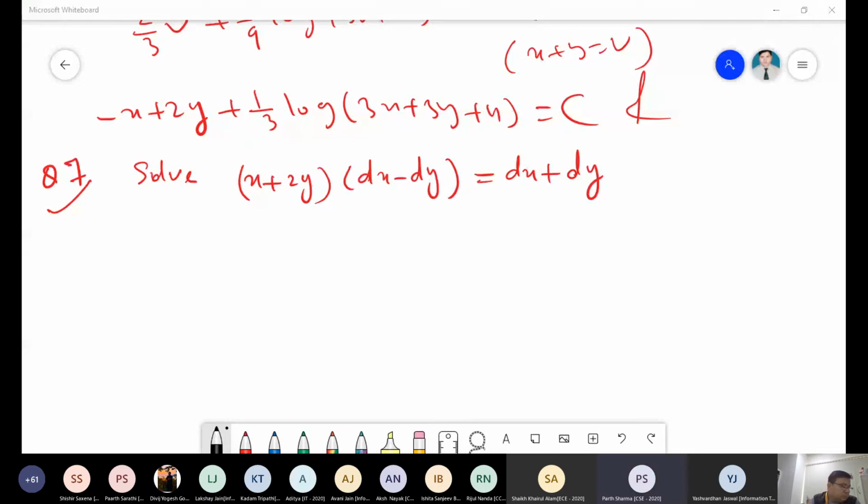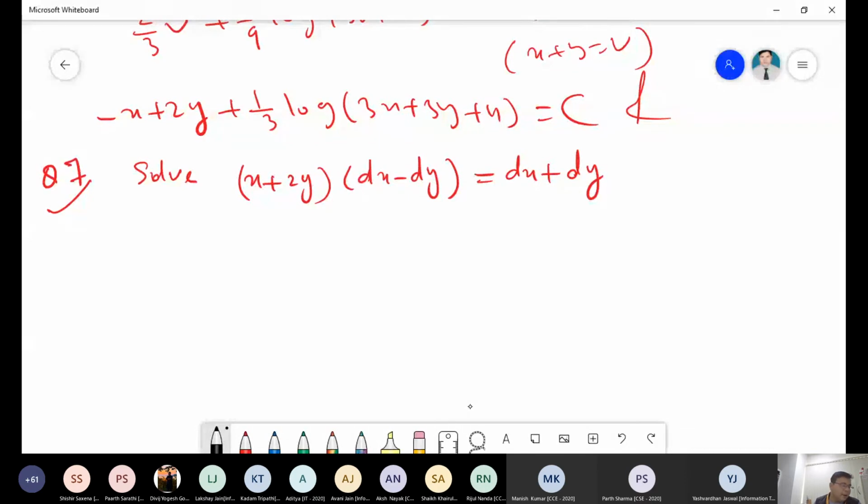Same answer. Manish Kumar, same answer. Zeel Tanna, the same answer. Okay, Antara, same answer.